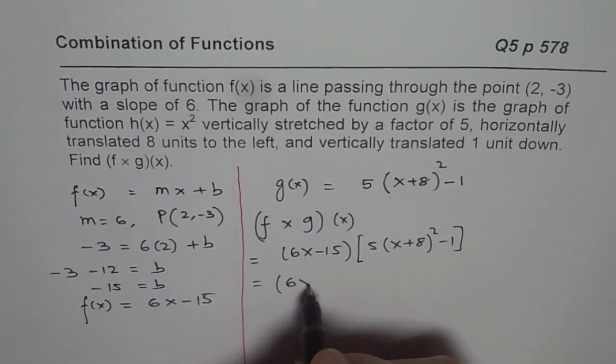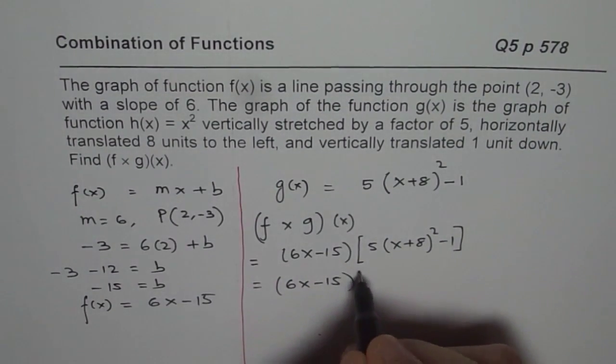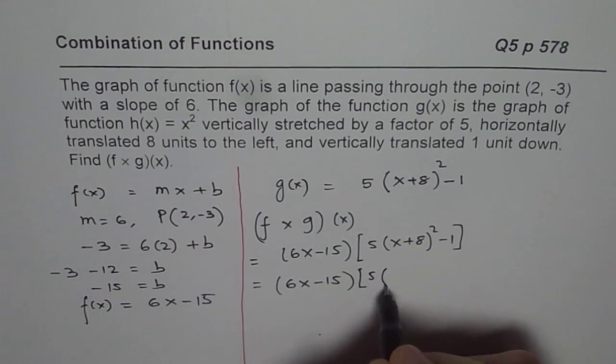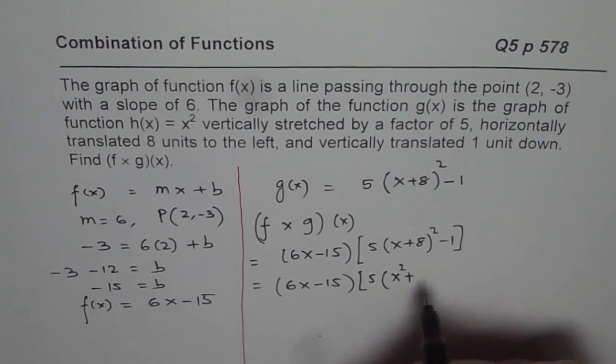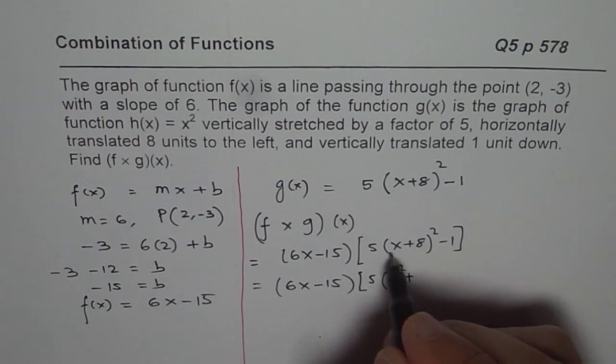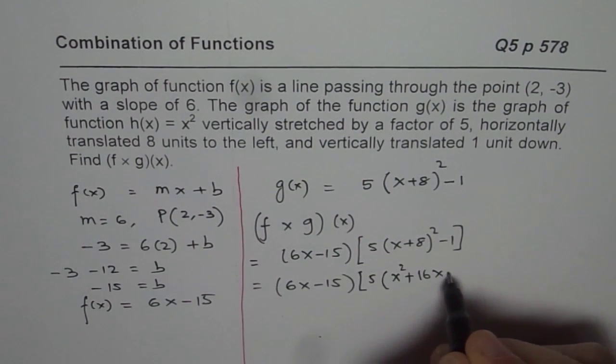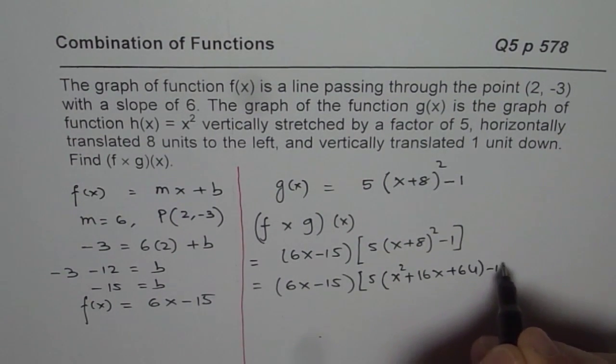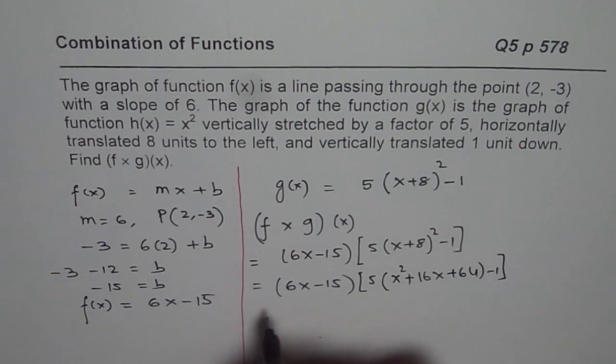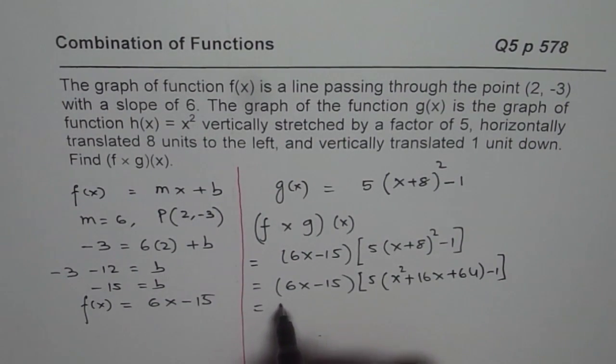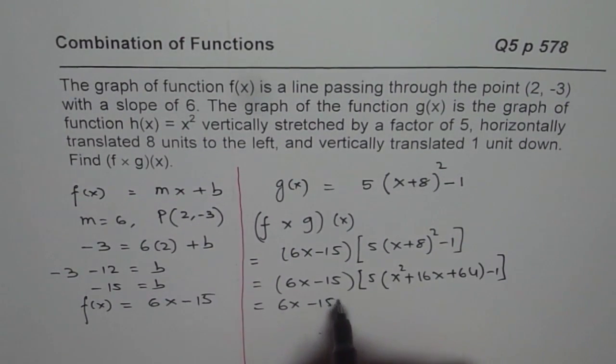It is 6x minus 15, and here we have 5 times x squared plus 2 times 8x, which is 16x, plus 64 minus 1. So you can simplify this further, minus 15 times.